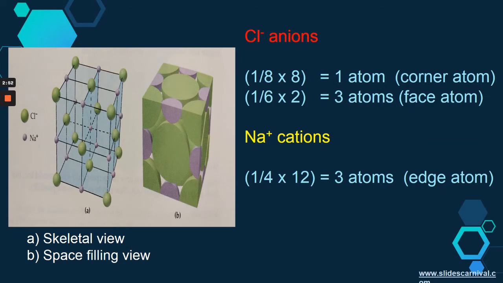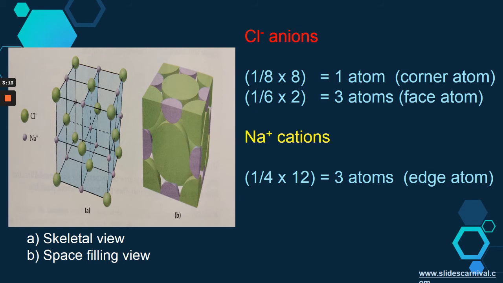In the sodium chloride unit cell, we have to calculate the chloride anions and also the sodium cations. From here we know how many atoms are in the unit cell.